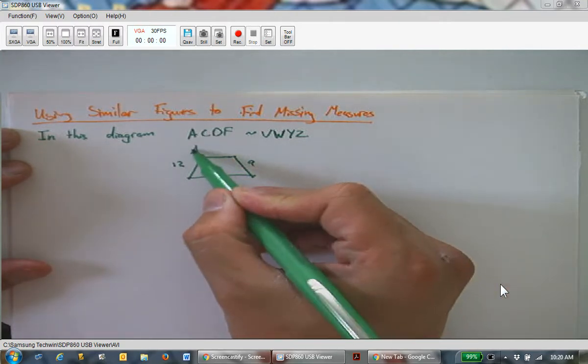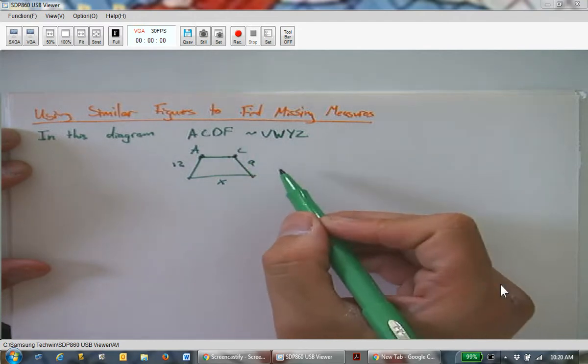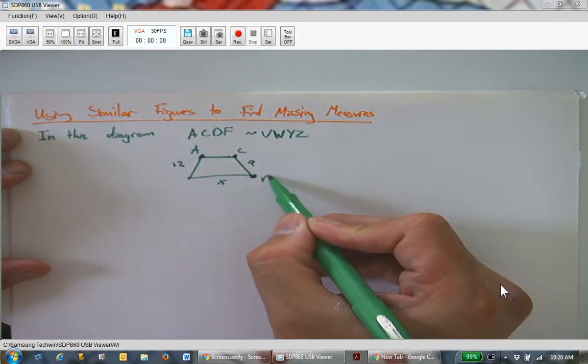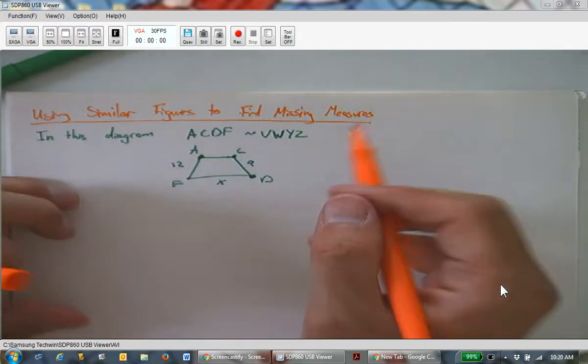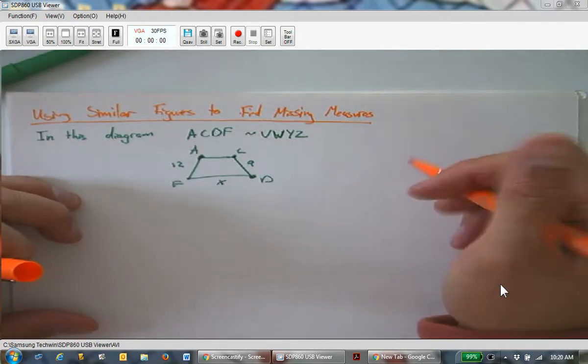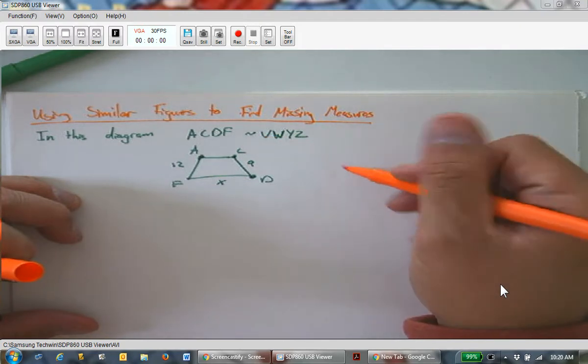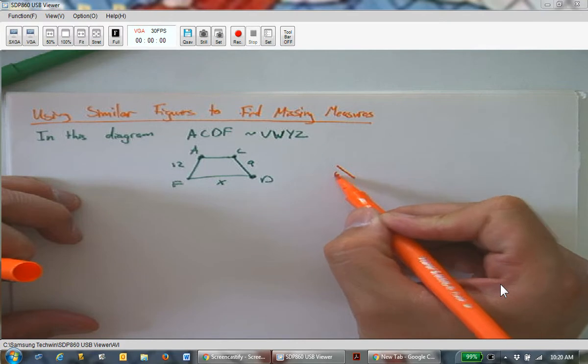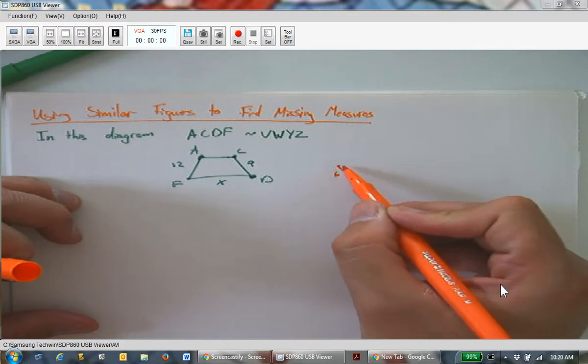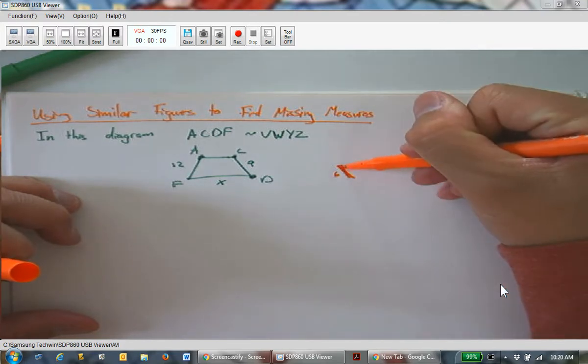This is vertex A to vertex C to vertex D, vertex F. And then I'm going to draw, I should have made this into orange lettering here. Be very careful, all right? This is going to be 6. Sorry, I should draw this a little bit more.